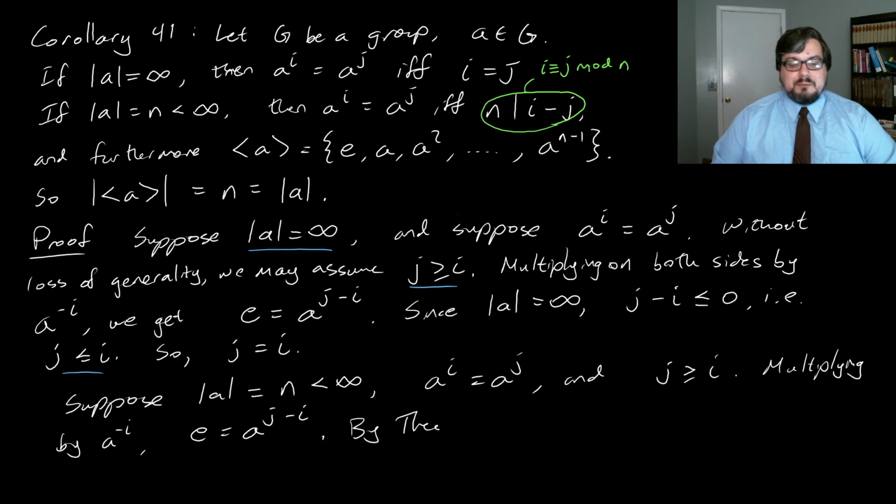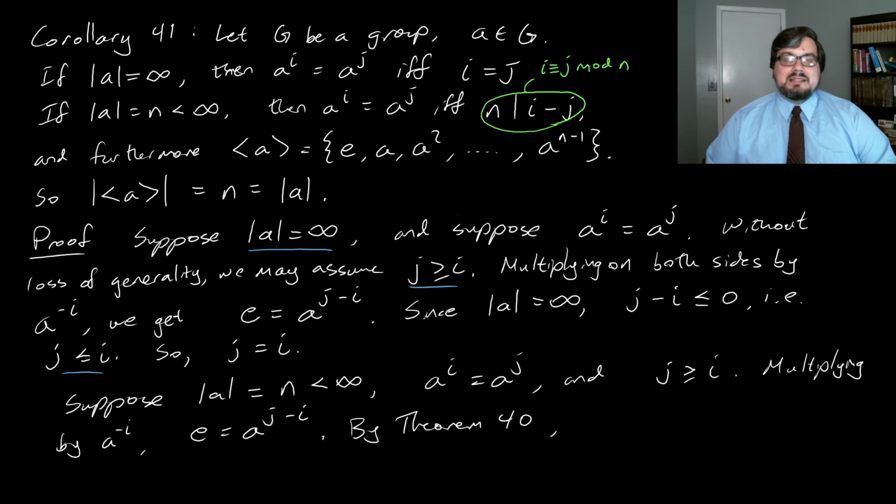Well, here's where we can use the previous theorem. By Theorem 40, since a to the j minus i is the identity, the order of a must divide j minus i. So n must divide j minus i.